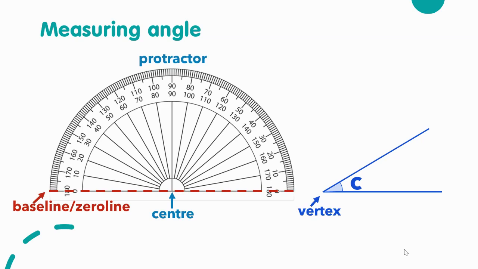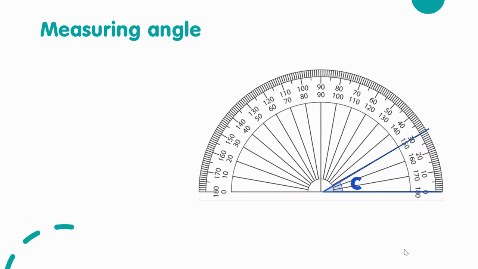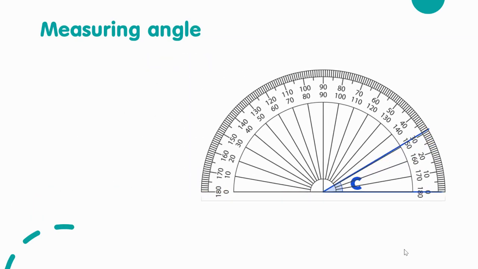With this, we are ready to start to measure an angle. First, you bring your protractor such that the center of the protractor meets the vertex of your angle. Next, you align your zero line and make sure that it is on the same line as one of the sides of your angle.